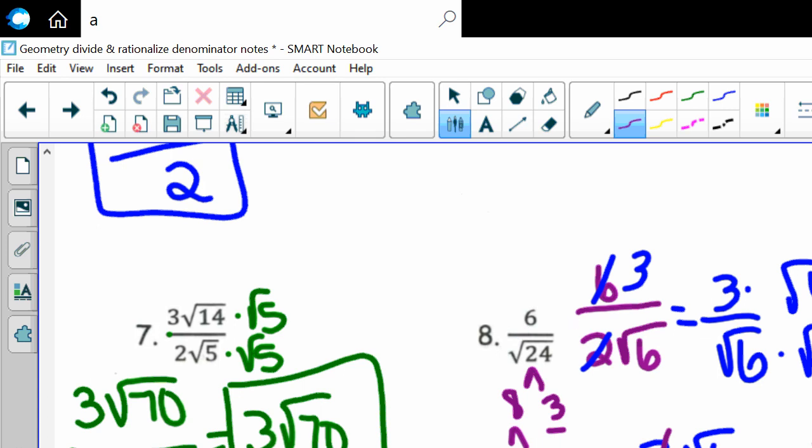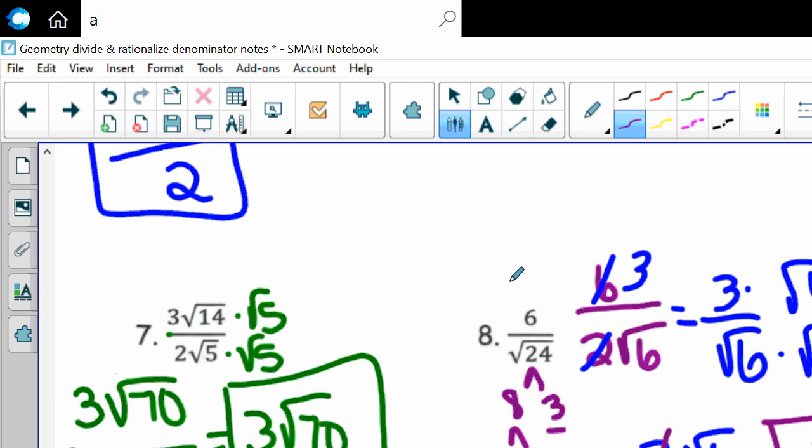So I have the square root of 6 over just 2. So lots of simplifying and reducing in that one. Remember that if something is underneath the radical, you can only reduce it with other things underneath radicals. So don't fall into the mistake here of saying the square root of 6 divided by 2 is 3, right? Because the 6 is underneath the radical and the 2 is not. So they don't have anything to do with each other.